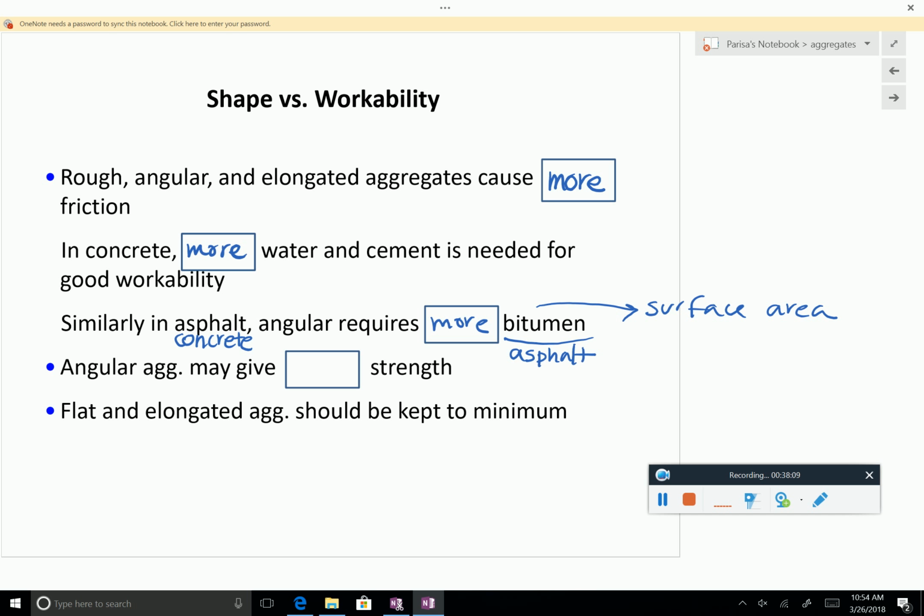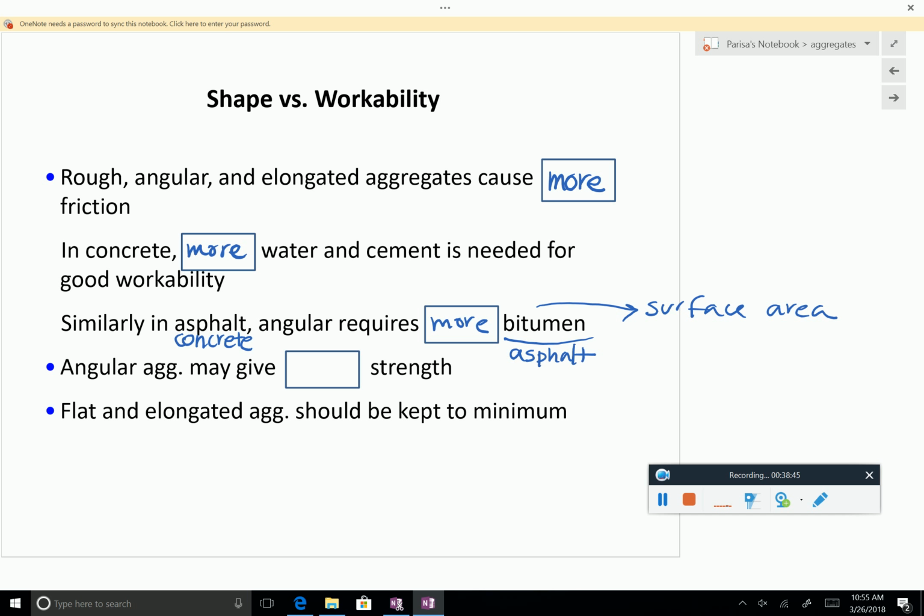Think this way: if you had a pile of angular aggregates, meaning fractured faces, and a pile of rounded ones, and I ask you to step on one or the other, which one would you step on? What would happen if you step on the rounded one?